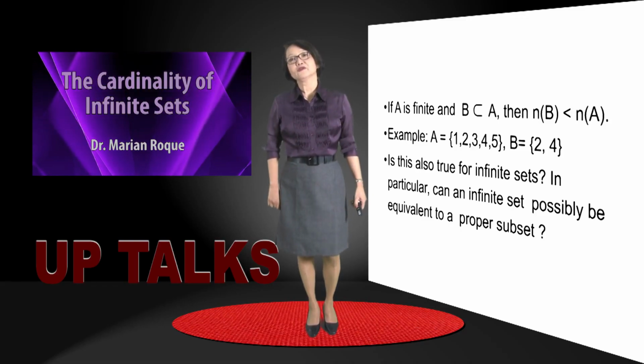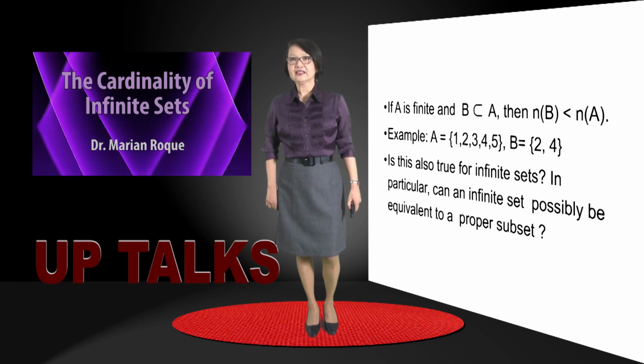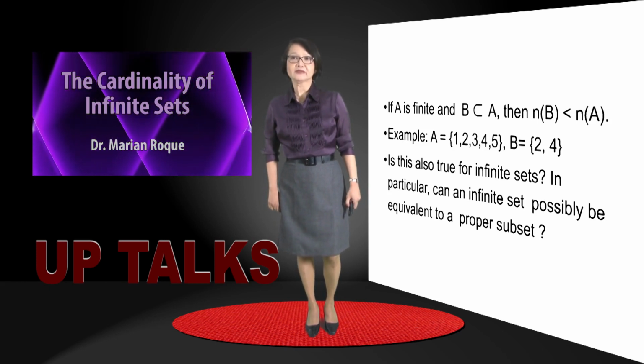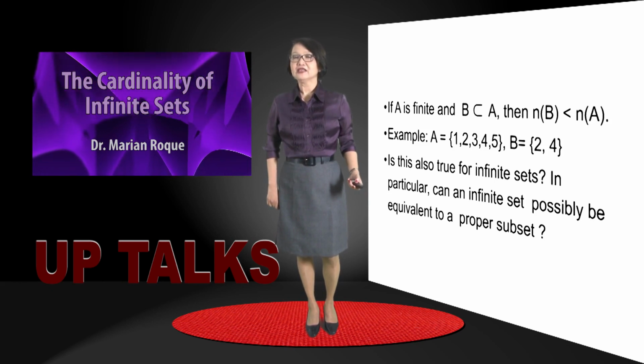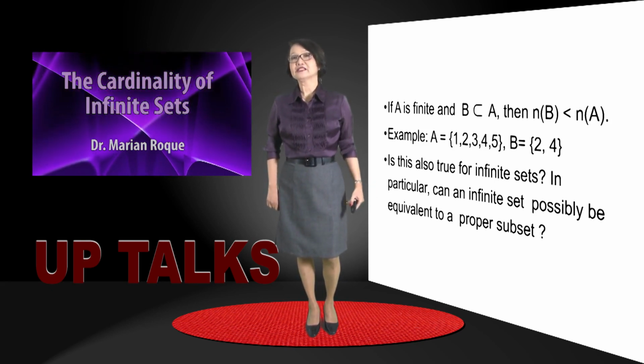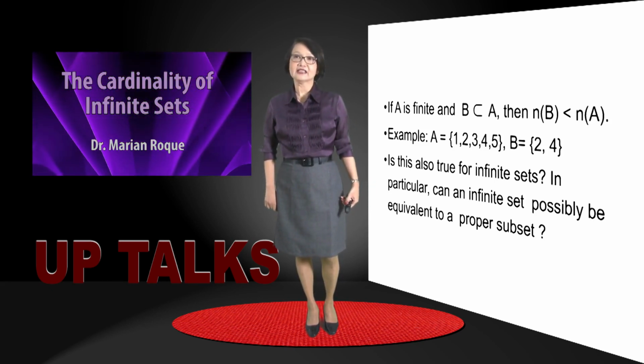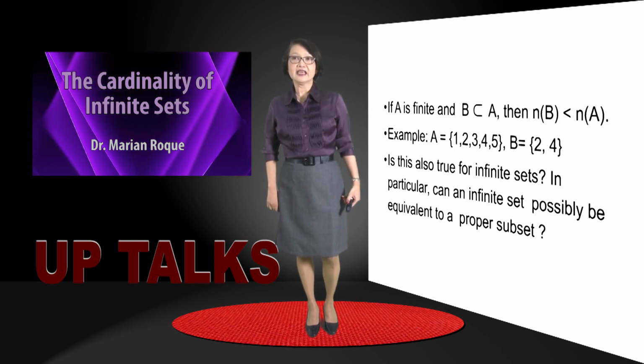Take note also that if A is finite and B is a proper subset, meaning there are elements of A which are not in B, then the number of elements in B is strictly less than the number of elements in A. So for example, if A is {1, 2, 3, 4, 5} and B is the set {2, 4}, then the cardinality of B is 2 and the cardinality of A is 5.